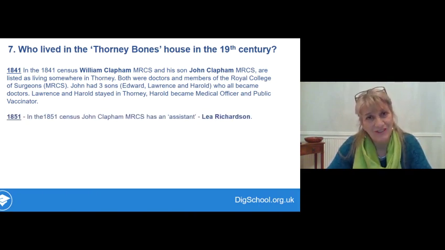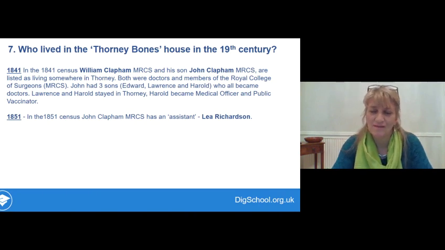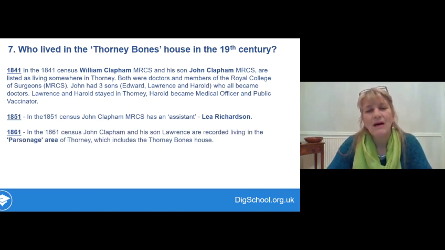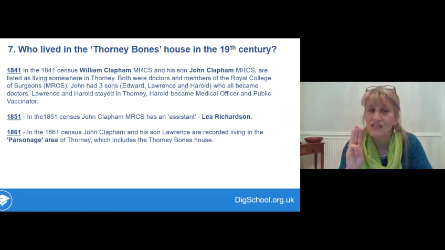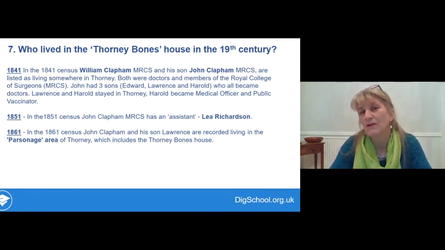By 1851, William Clapham has died by then, and John Clapham has an assistant, Lee Richardson. By 1861, the record actually states that the Claphams are living in the parsonage area of Thorney, which includes just 3 houses, one of which is the Thorney Bones house.